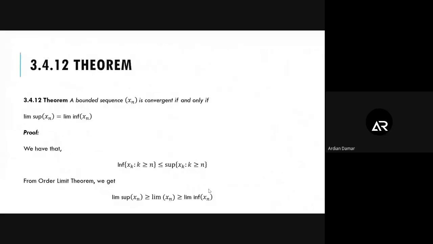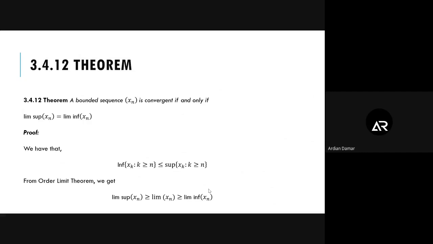The next is Theorem 3.4.12. We have that a bounded sequence xn is convergent if and only if limit superior xn is equal to limit inferior xn. Proof: we have that the infimum of x with index k with k greater than or equal to n is less than the supremum of x k with k greater than or equal to n.